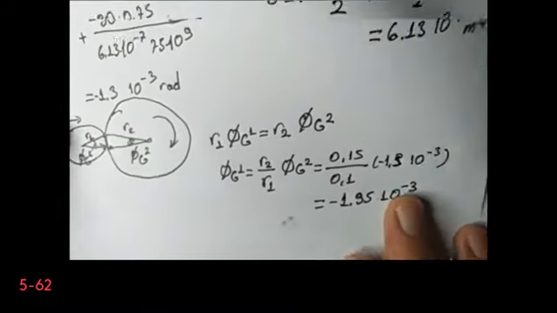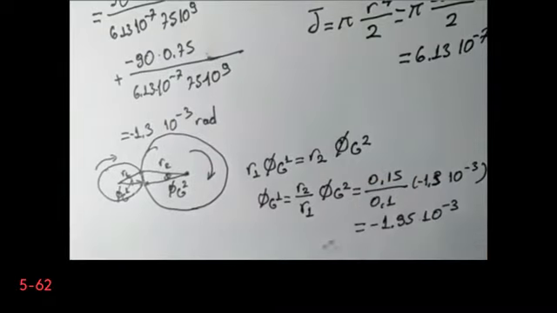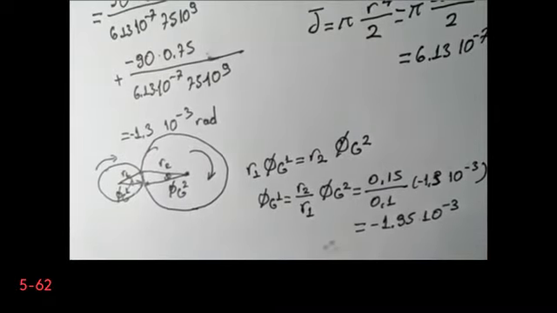Okay. Now this is my angle of twist at gear 1. Now I need to calculate the angle of twist of point A with respect to gear 1.